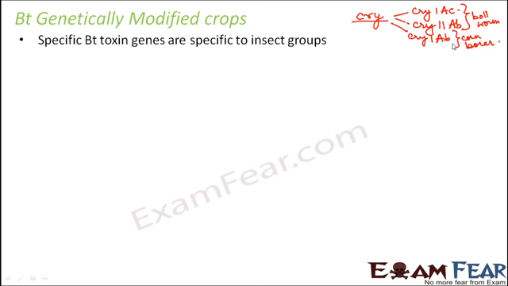Similarly, cry1Ac or cry2Ab genes can be inserted into those plants which are mostly attacked by the bollworm. So each gene has a targeted pest. We have to decide which particular gene needs to be inserted into the particular plant depending upon which group of insect easily attacks the plant.